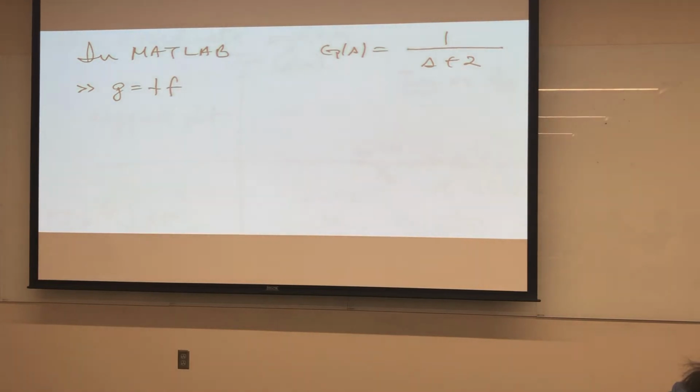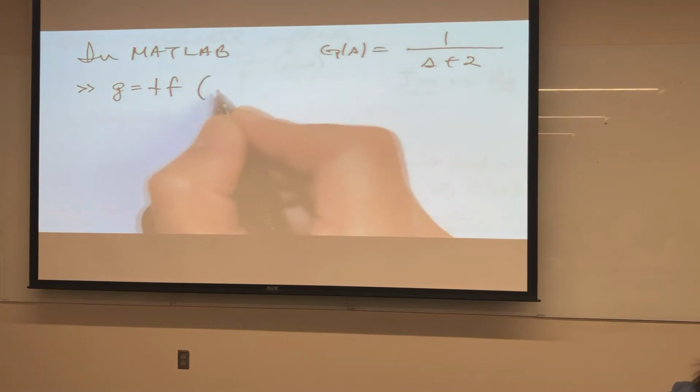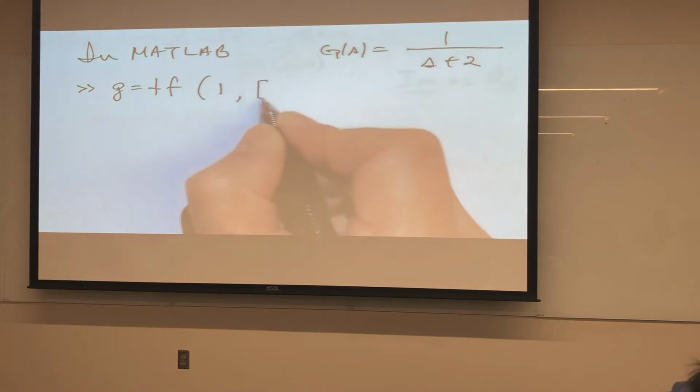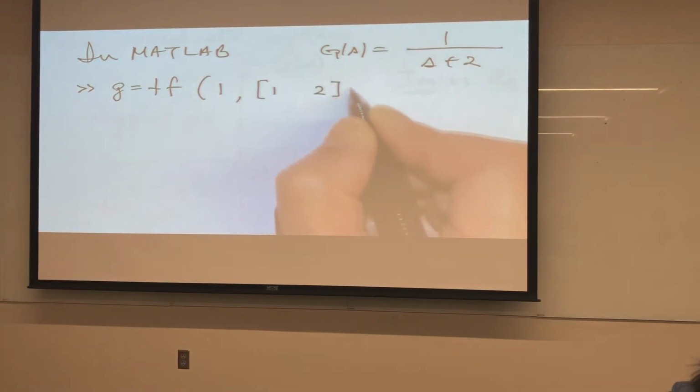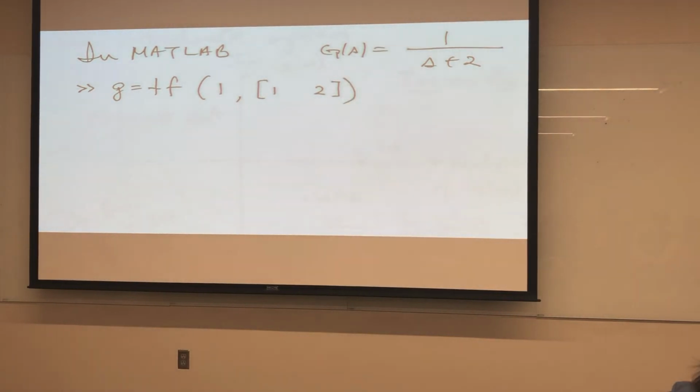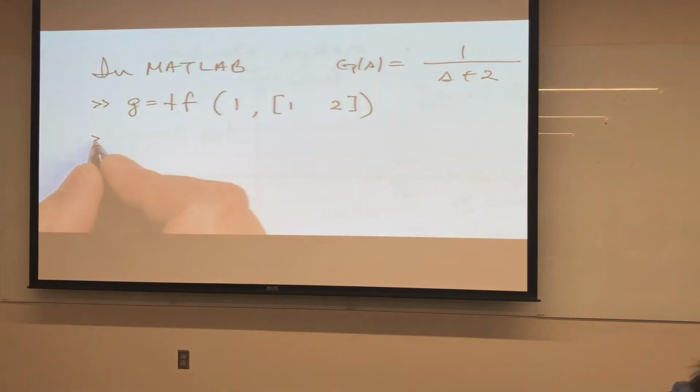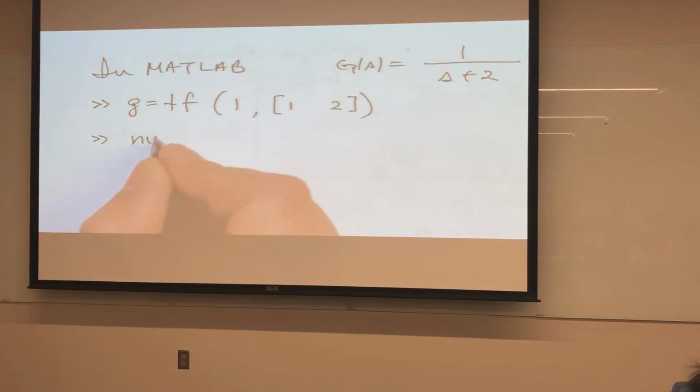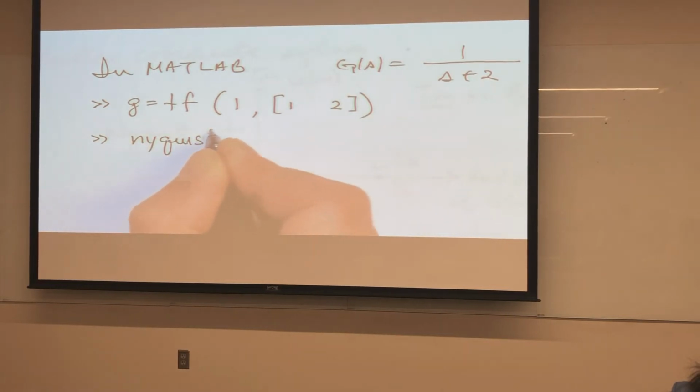By the way, Monday, let's go to the lab. The transfer function, the numerator is 1, and the denominator is s plus 2, like this. And then we simply say Nyquist of G, and that would generate the Nyquist plot. That's it. Very simple.